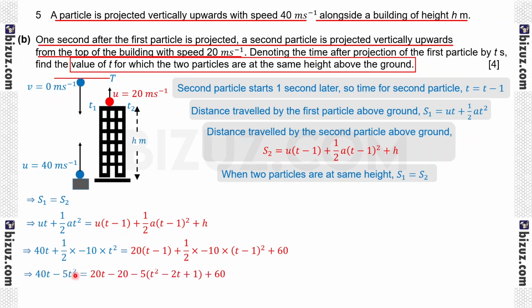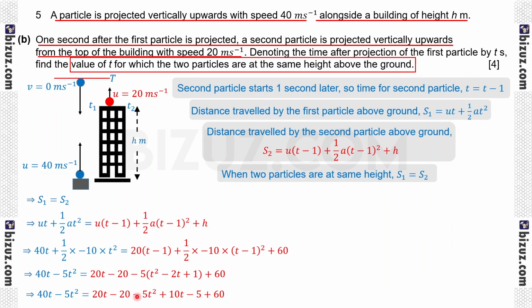Now we could write this equation as 40t minus 5t square equals 20t minus 20 minus 5 into t square minus 2t plus 1 plus 60. Then this could be written as 40t minus 5t square equals 20t minus 20 minus 5t square plus 10t minus 5 plus 60.